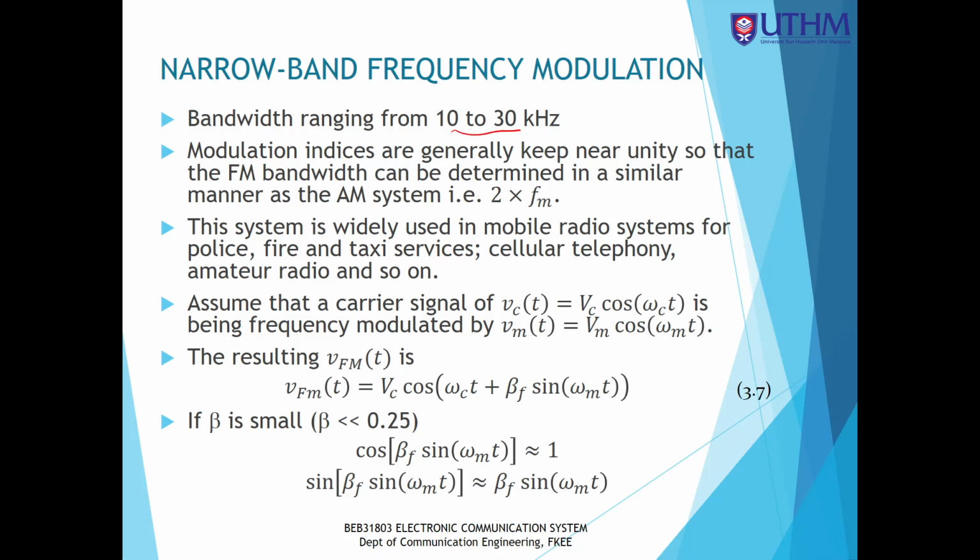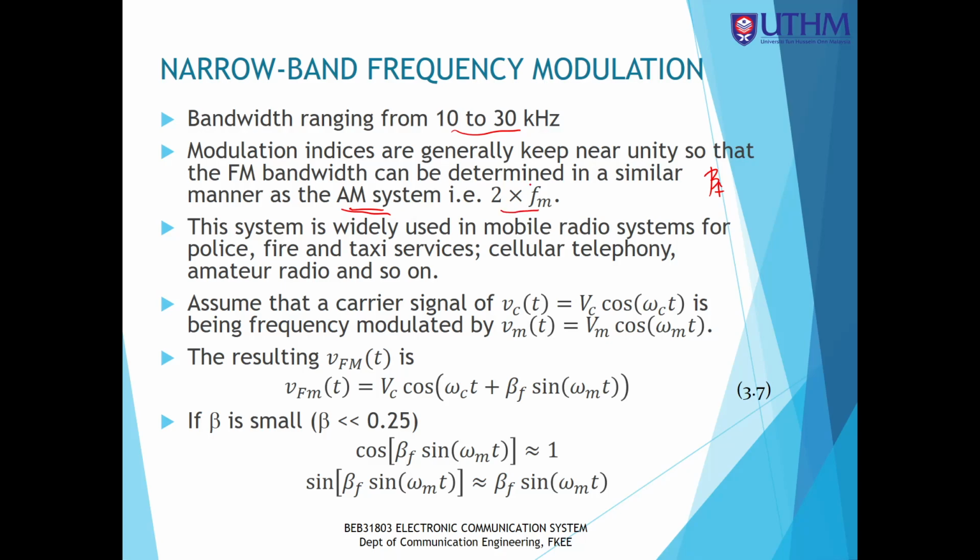Modulation indices are generally kept near unity so that the FM bandwidth can be determined in a similar manner as the AM system. So beta F is small, and therefore the bandwidth is approximately equal to the double sideband full carrier, which is 2 times FM.